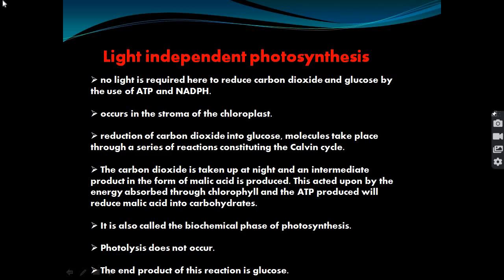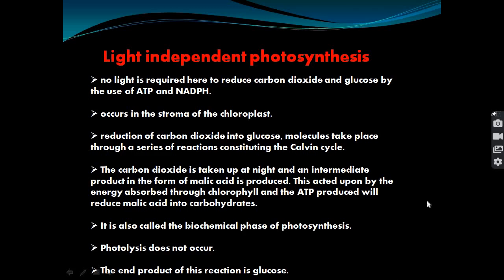What happens here is the reduction of carbon dioxide into glucose through a series of reactions which forms the Calvin cycle. So in this light independent phase, the carbon dioxide is reduced into glucose through a series of reactions called the Calvin cycle.